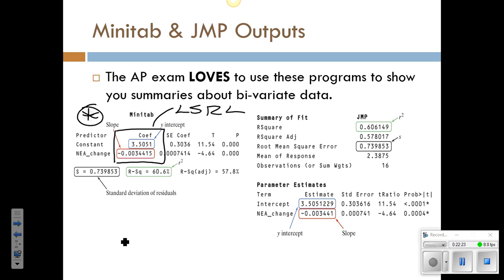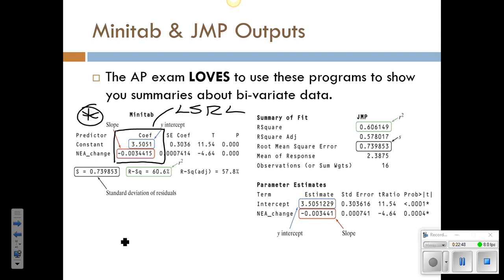Top number with constant is going to be the y-intercept. The NEA underscore change is going to be the slope. These are already notated for you, but if you want to make some notes there. Standard deviation of residuals, that's s. Notice where that's located. They say S equals. You just have to know what it is. It's the standard error of your residuals.